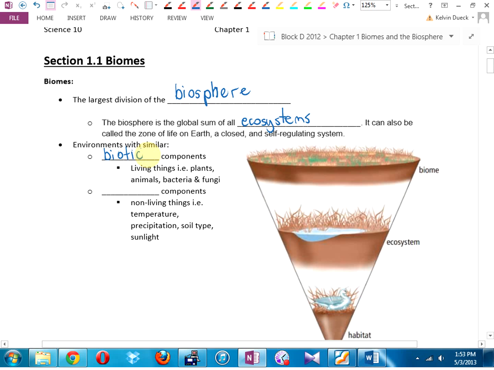We don't call it non-biotic, non-living. There's a prefix that means not. We call it abiotic. Biotic, living, abiotic, not living. What do we mean by not living things? The 2 big ones are temperature and precipitation, but also elevation, soil type, stuff like that.